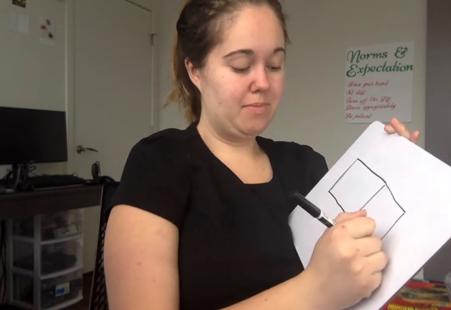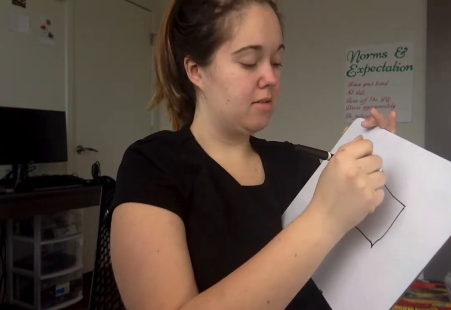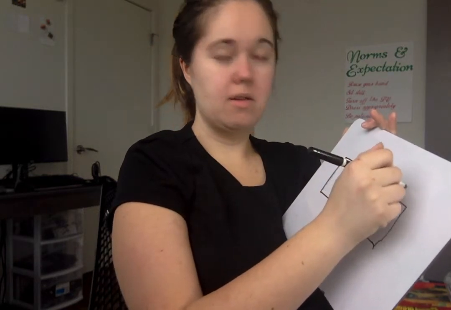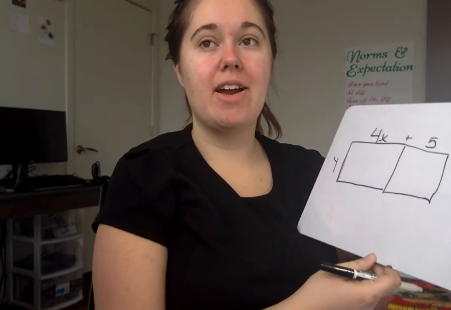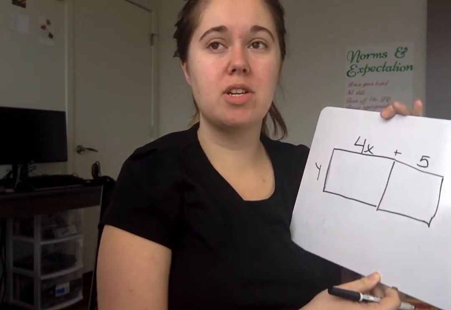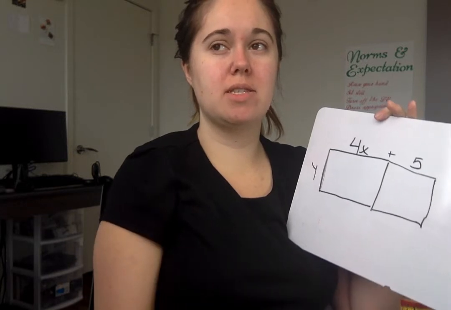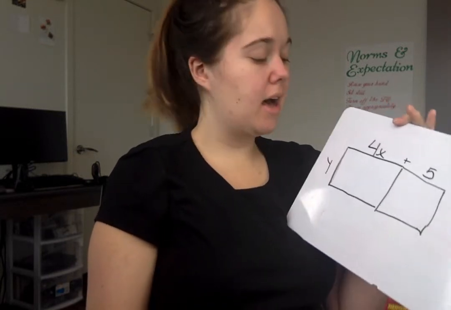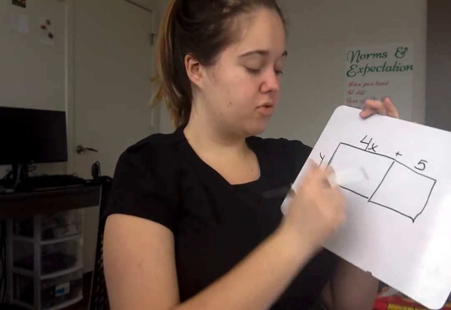Right, well, that's life. All right, so we've got 4x plus 5 multiplied by y. An expression in expanded form that's equivalent to this model: I could write this. Well, we're doing some multiplication.